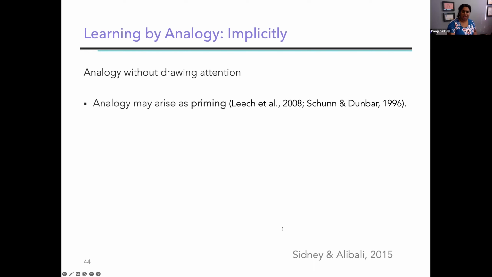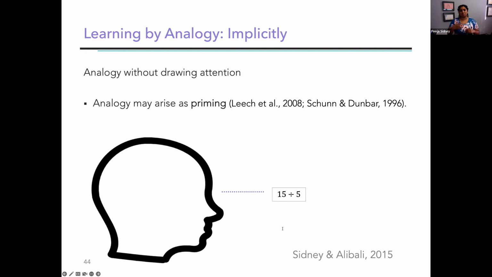The way I think about it is that when we ask children to remember and practice whole number division concepts, this serves to activate their understanding of those division relationships. And then, of course, this mental representation continues to be active even when the kid's no longer working on that problem. But when they're invited to think about fraction division, this recently activated familiar representation then sort of shapes how children interpret and construe that incoming problem.